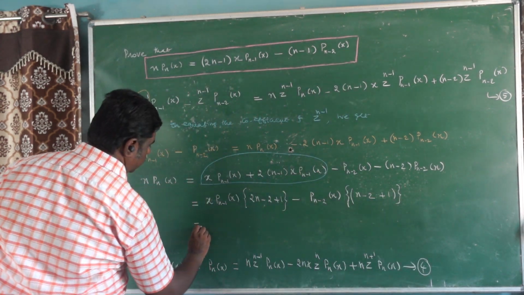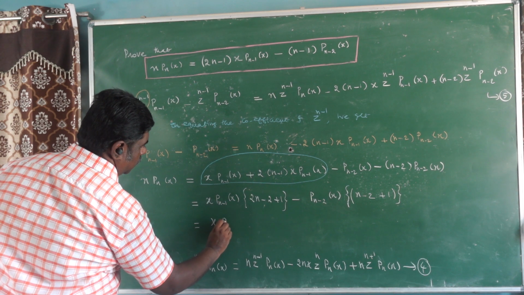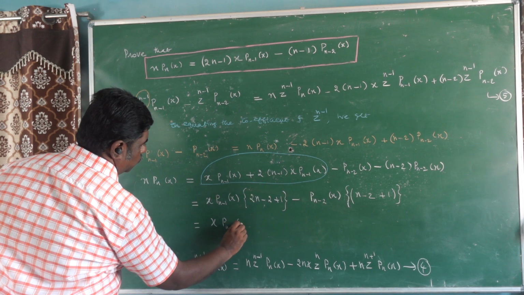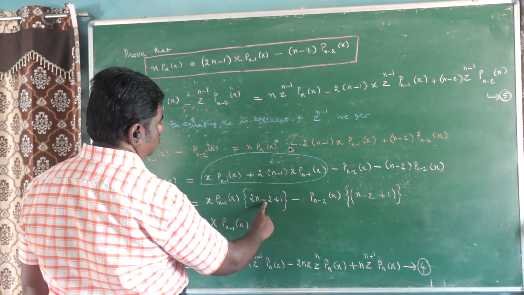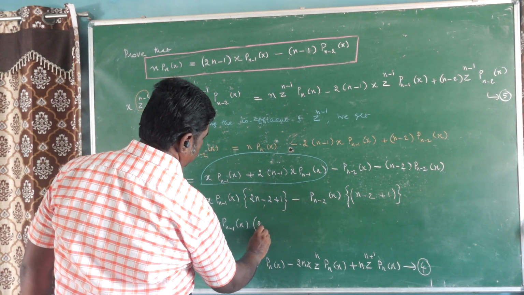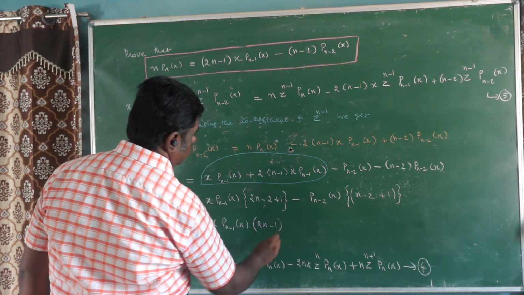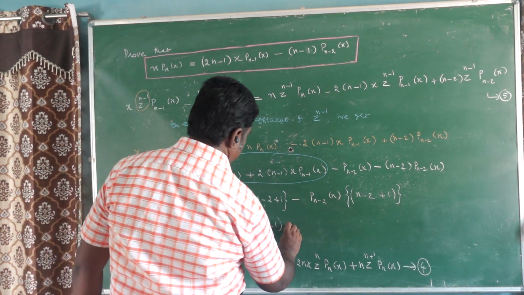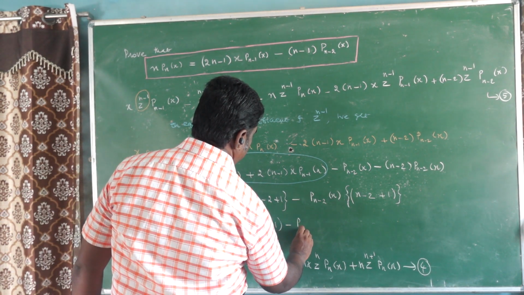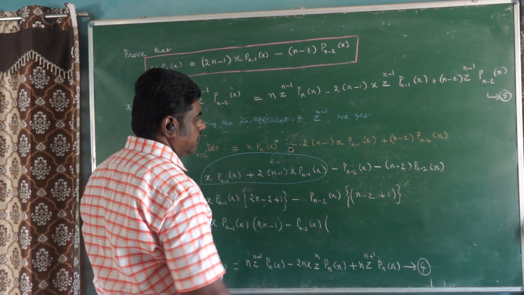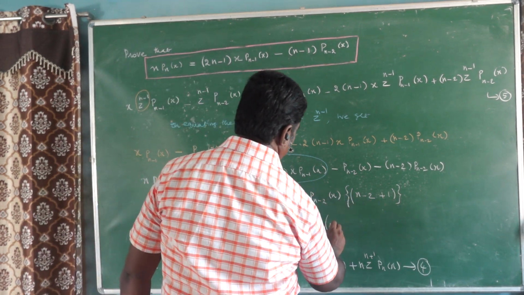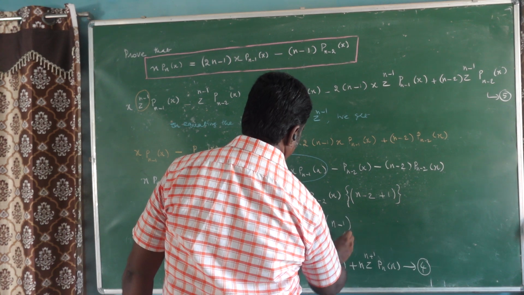This is equal to x P n minus 1 of x into (2(n minus 1) plus 1), that is 2n minus 1, minus P n minus 2 of x into (n minus 2 plus 1), that is n minus 1.